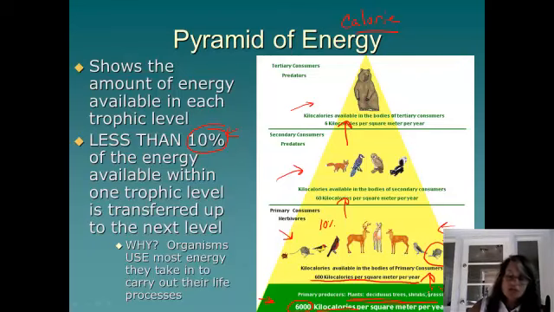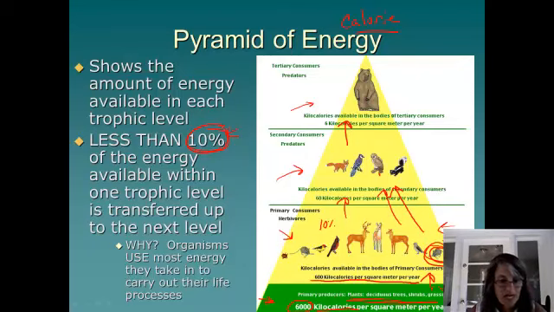So some of the energy just gets wasted. He's going to use a ton of it, and then all that is left to pass on to whatever eats him, perhaps this owl here, is what is actually still trapped within his own body tissues, making up his own cells. And that is only about 10% of the energy that he ever obtained. Okay? So not very much energy gets passed from one trophic level to the next.